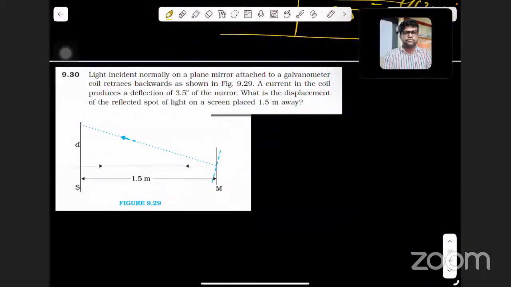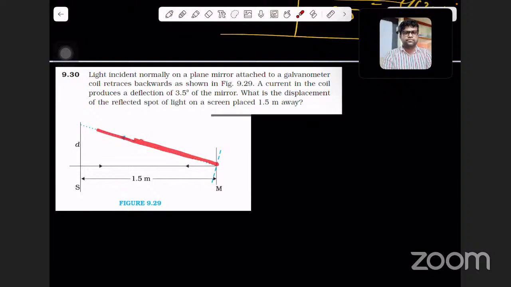Next, 30th question. Light incident normally on a plane mirror attached to a galvanometric coil retraces backwards as shown in the figure. It strikes and retraces back. What is the displacement of the reflected spot of the light on a screen placed 1.5 meters away if this mirror is deflected by 3.5 degrees?